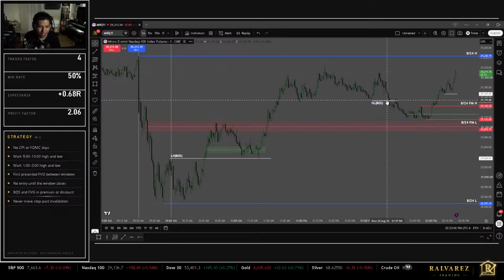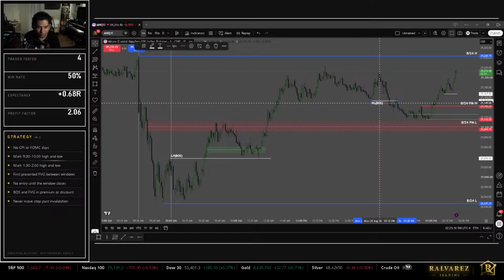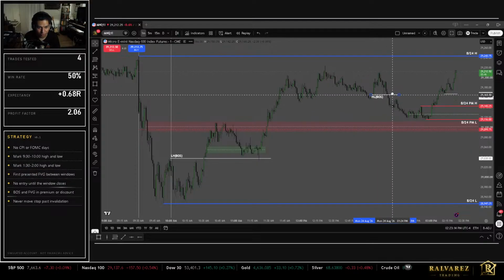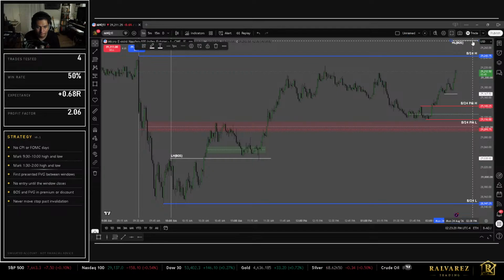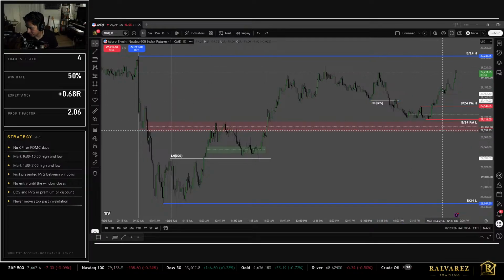Yeah, because I guess I did enter early, right? And let's say we wait for this break of structure, right? But instead of inside here, wait for the liquidity to get taken out here, right? And then look for the same setup, but up here. Is that what you're kind of saying?